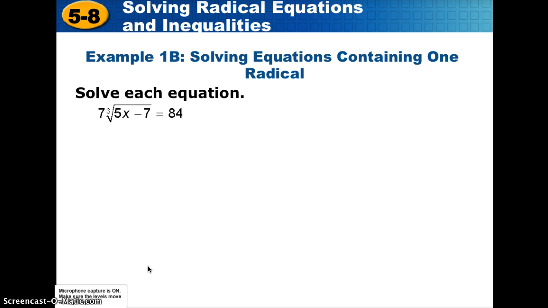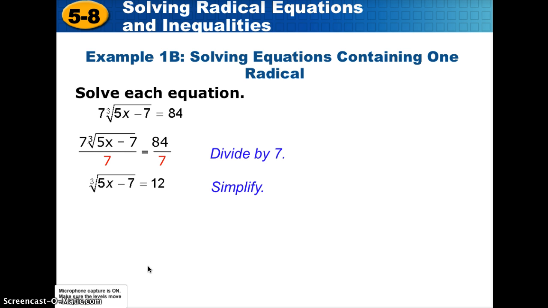In question 1b, we have a similar situation where we have a radical on the left and we have a constant on the right. It is a radical equation because we have the variable underneath the radical symbol. And so the first step that we need to do is to isolate our radical, and that means we're going to divide both sides by 7.